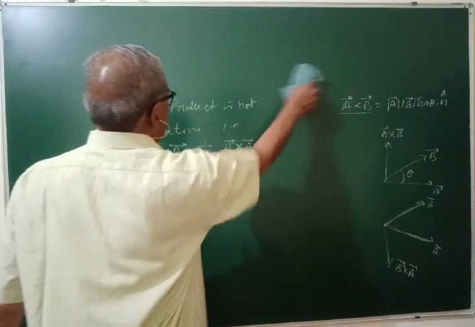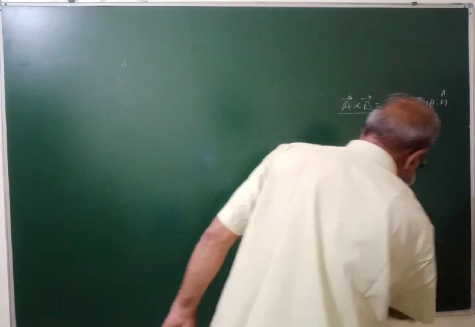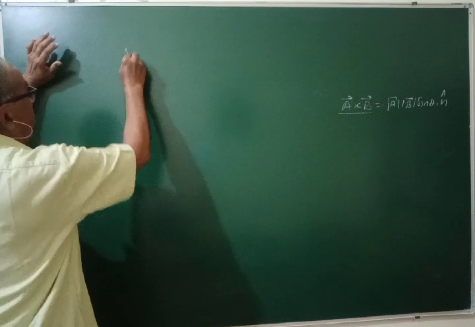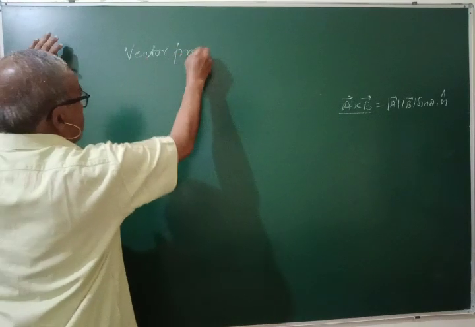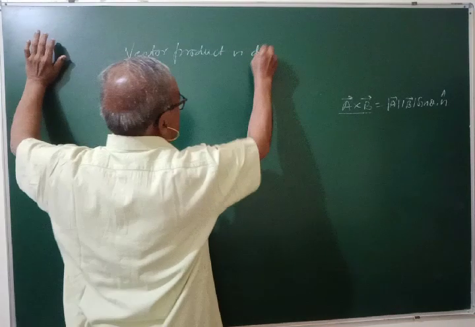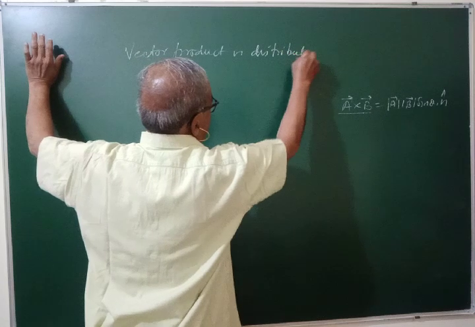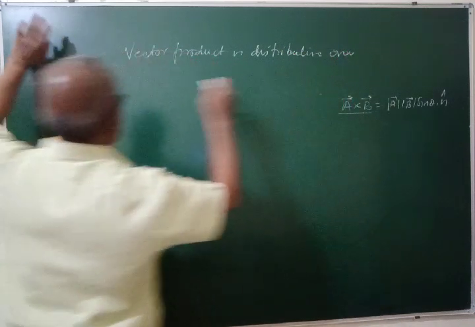Number two property, vector product is distributive over addition.